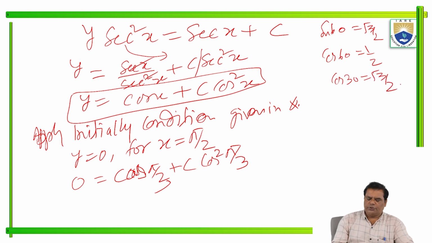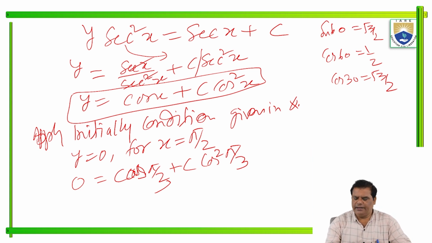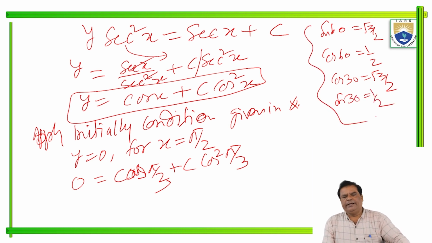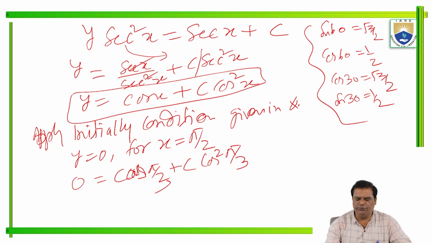So these are the basic values of sin and cos. Sin 60 is the same as cos 30; both are the same. We can find this result using 90 minus 60.